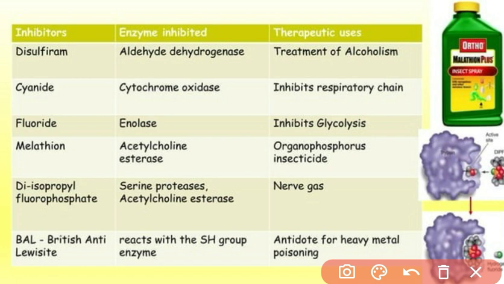Dimercaprol is a dithiol that acts by forming a stable 5-membered ring between its sulfhydryl groups and certain heavy metals, thereby neutralizing the toxicity of heavy metals and eliminating them. So BAL or dimercaprol is useful as an antidote for heavy metal poisoning.